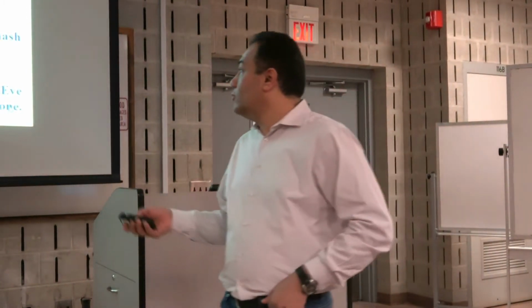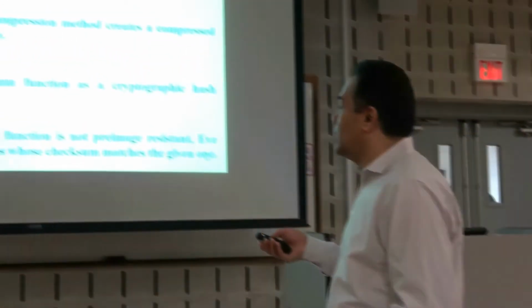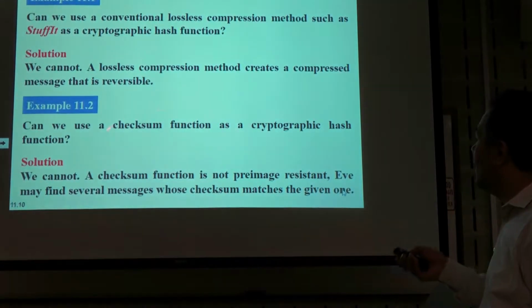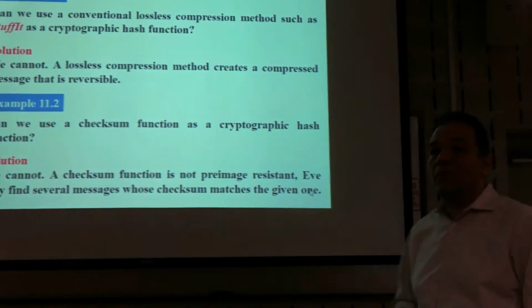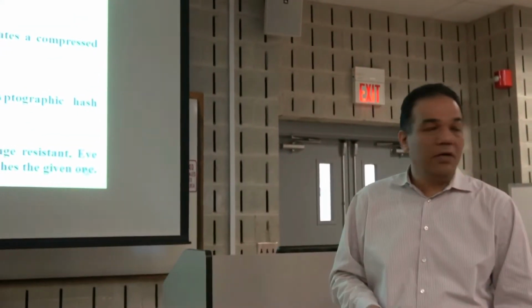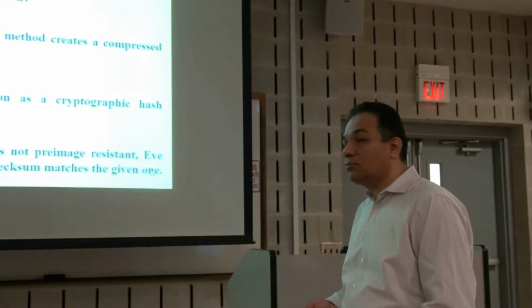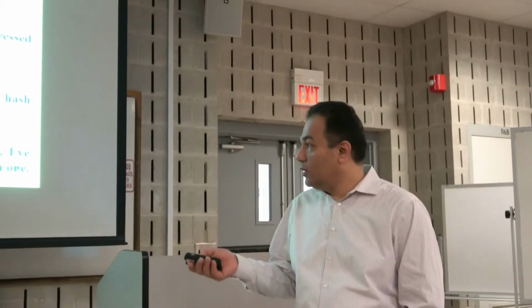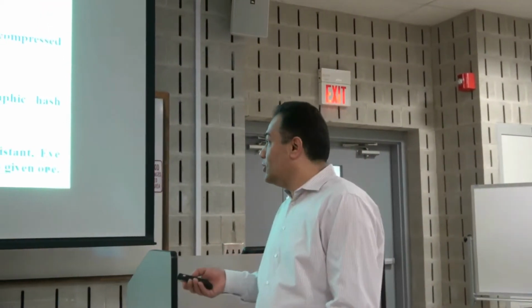Another example: can we use a checksum function as a cryptographic hash function? You know what checksum is in communication, right? Can we use it? We cannot. Why? The checksum function is not preimage resistant.